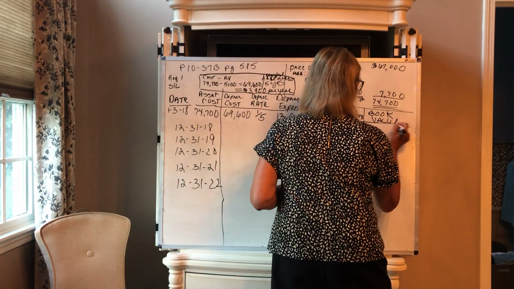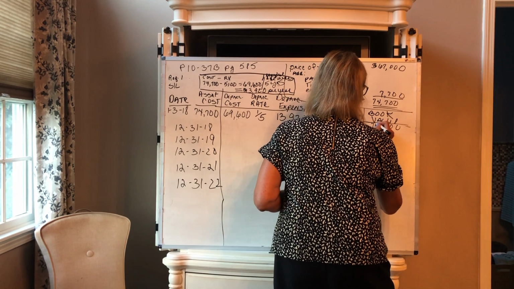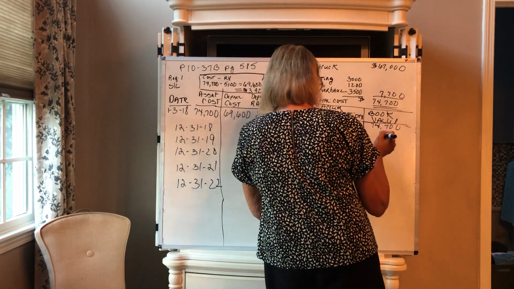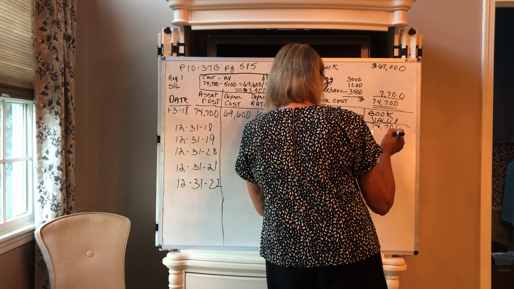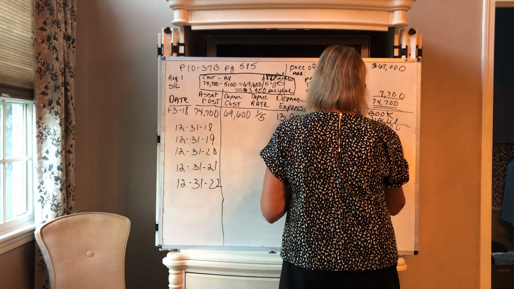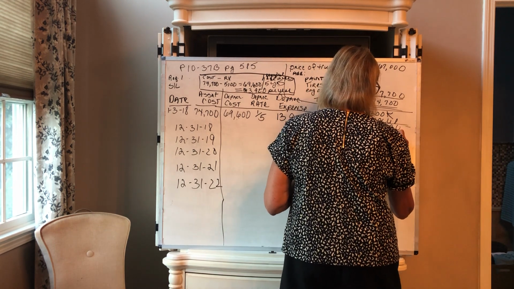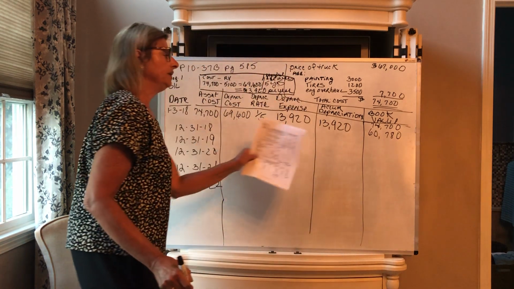At the beginning on 1/3, I'm going to put it small. That's supposed to be a 4. Okay, book value is $69,600 minus $13,920 or $60,000. Remember, book value is just cost minus accumulated depreciation. So here's our book value after 1 year.